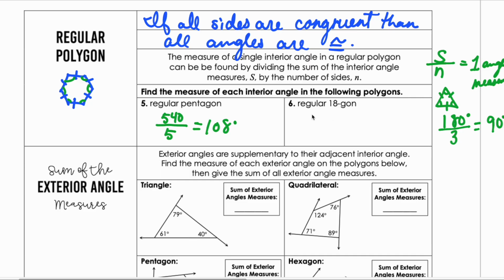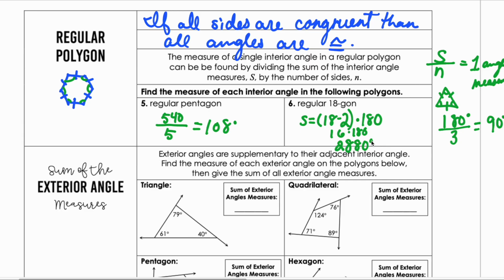Same thing right here if I look at a regular 18-agon, right? I can find the sum of the interior angles by taking the sum equals 18 minus 2, and then I'm going to multiply that by 180 degrees. Well, 18 minus 2 is 16, and 16 times 180 is 2,880 degrees.